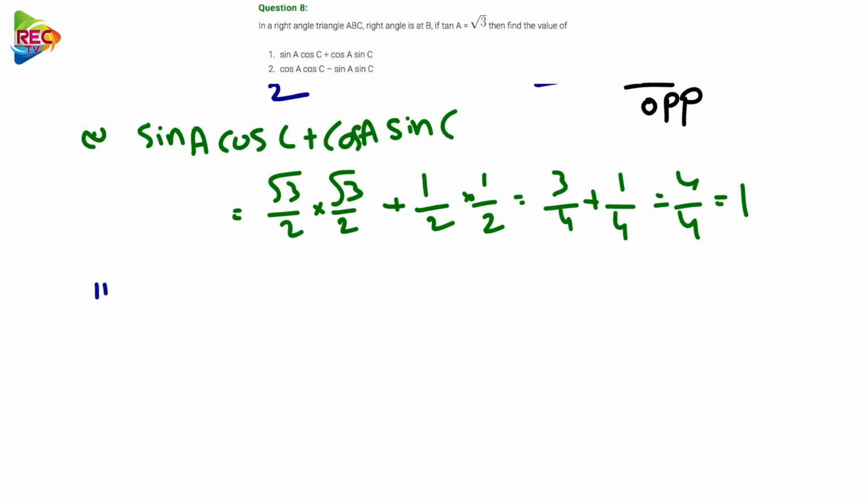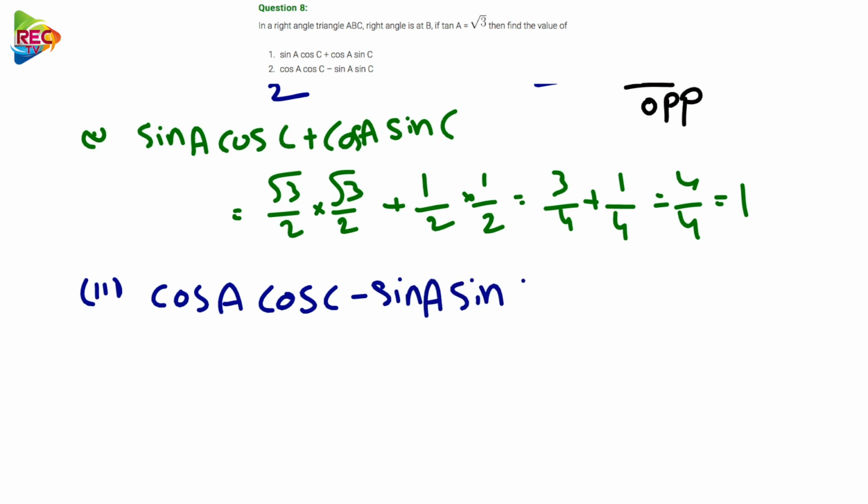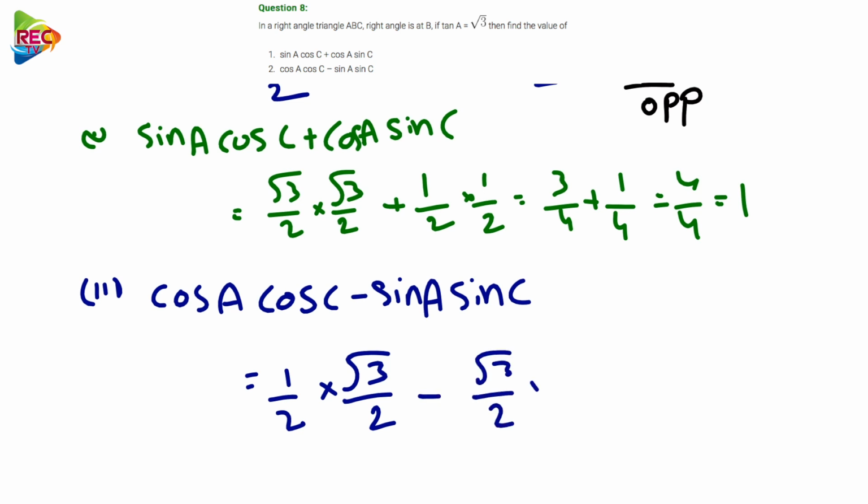Second one is cos A cos C minus sin A sin C. So cos A equals 1 by 2 and cos C equals square root of 3 by 2, minus sin A square root of 3 by 2 into sin C value 1 by 2.